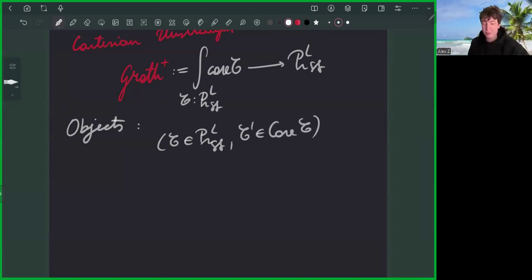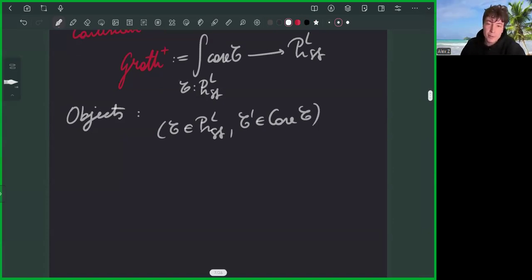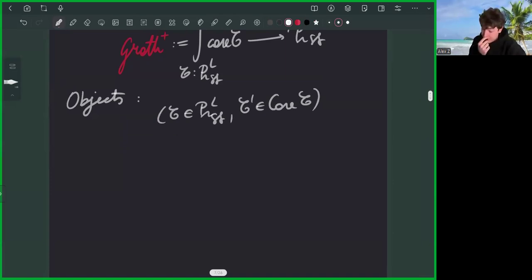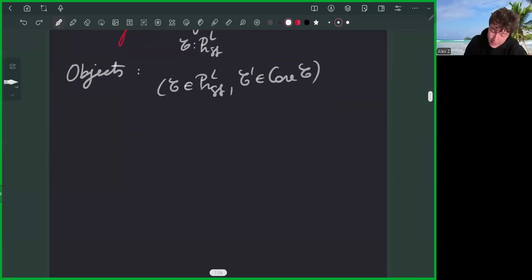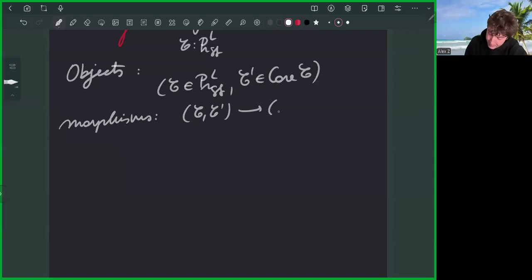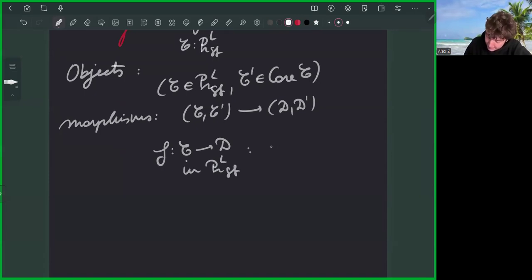If you recall how the Grothendieck construction works, straightening and unstraightening, you may remember how objects in the domain of the unstraightened functor look like. And this is precisely what it is for objects. And you can convince yourself that morphisms from C, C prime to D, D prime are precisely morphisms f from C to D in PrLst such that f of C prime is a subcategory of D prime.